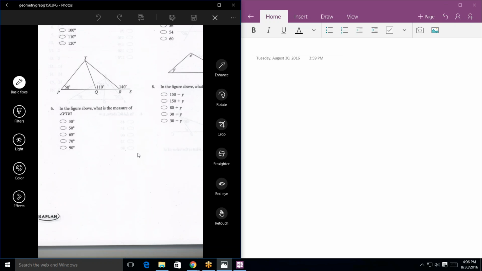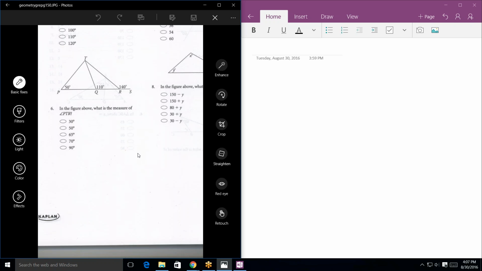Okay. So I'm going to start by using the linear angles and figuring out a lot of the unknown angles. So 140 plus 40 equals 180, so angle TRQ must be 40 degrees. And 110 plus 70 equals 180, so angle TQP must equal 70 degrees.